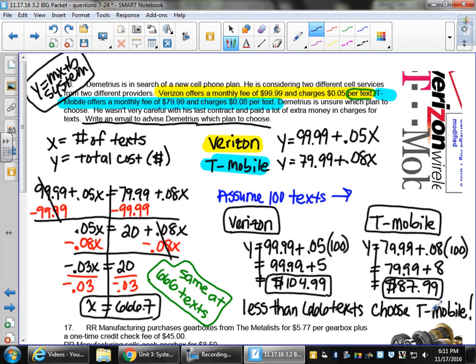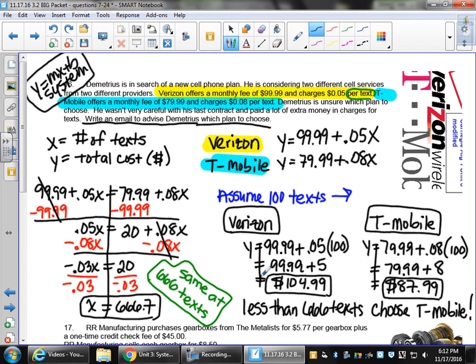We chose a random number less than the break-even value, and T-Mobile came out cheaper, which means for any number of texts less than this, T-Mobile will be cheaper. On the flip side, if you had chosen something bigger, 700, 1,000, then Verizon would switch to being the better choice. So less than the break-even value, T-Mobile is the way to go. More than this number, Verizon is the way to go.